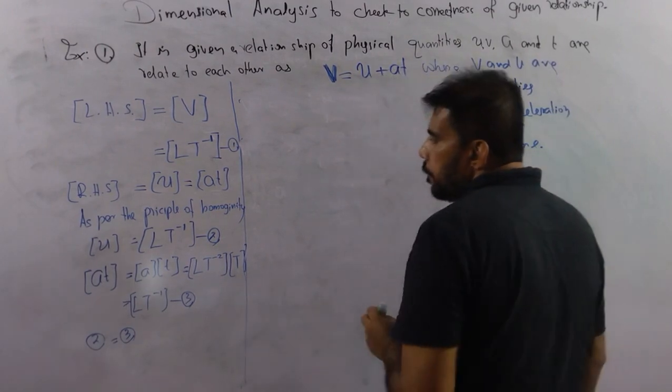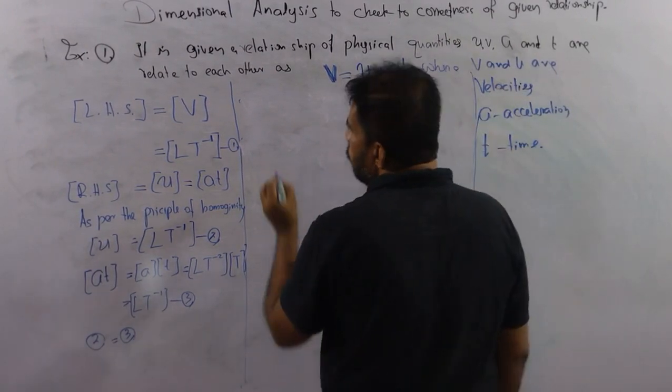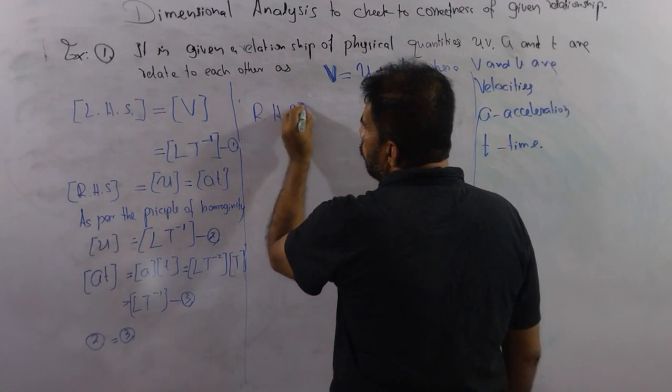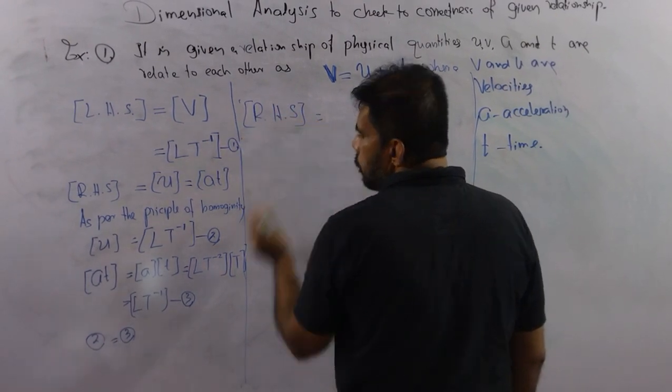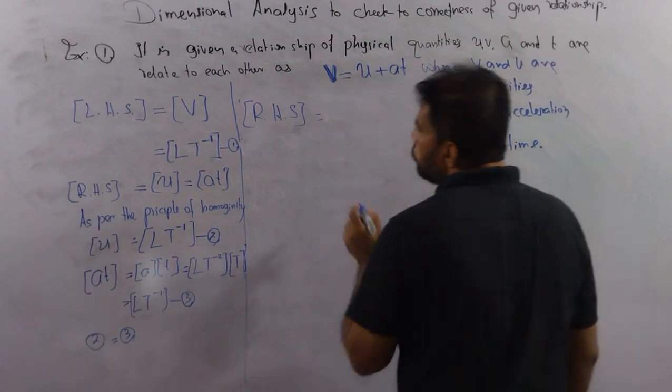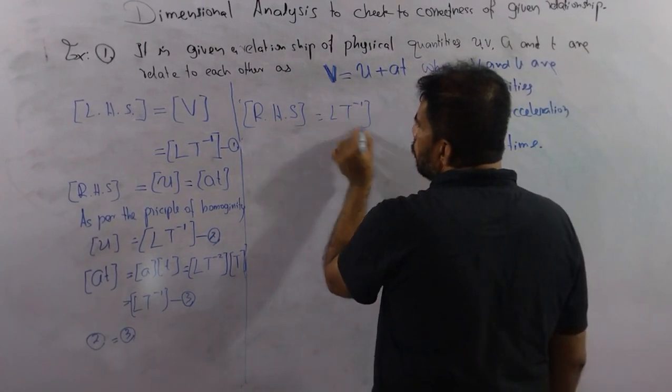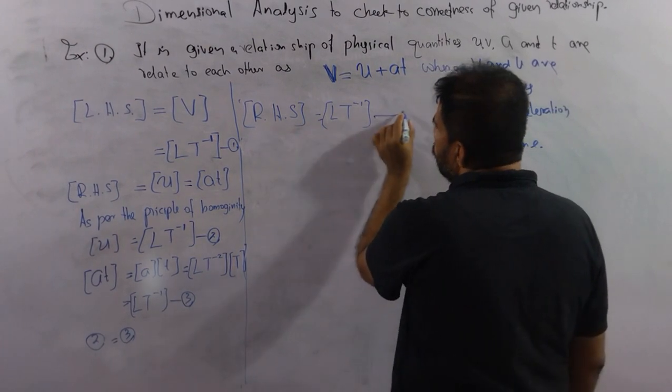Then 2 equals 3, so I can say the dimension of the right hand side equals L T minus 1. I'll say this is my fourth equation.